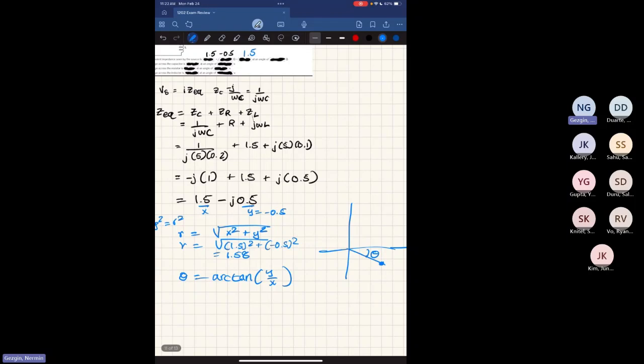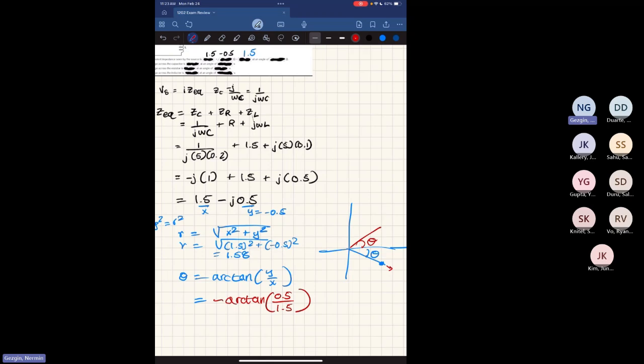So for this, one way we could approach it is we have like a positive angle. And I know it's like in a different quadrant, but if we had this positive angle and our actual angle is over here, then this is just a negative version of that. So we could just say it is negative arctan of, use positive values only, 0.5 over 1.5.